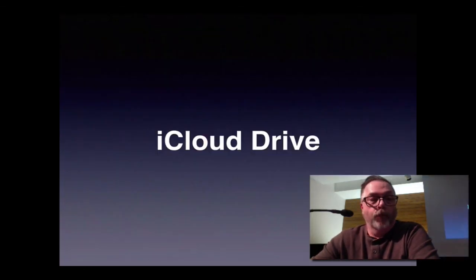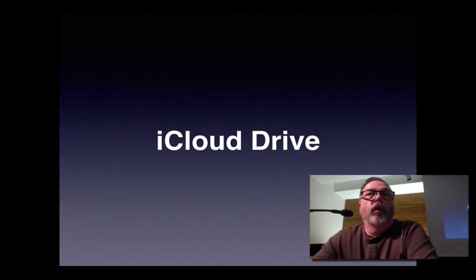Next up, iCloud Drive. iCloud Drive brings back some of the functionality that people had with iSync. iSync was part of .Mac, which was essentially the first real cloud-based storage solution for putting a file up someplace and being able to get it.